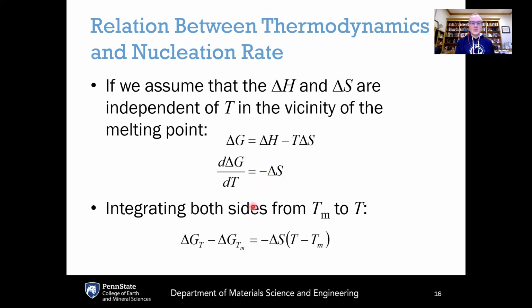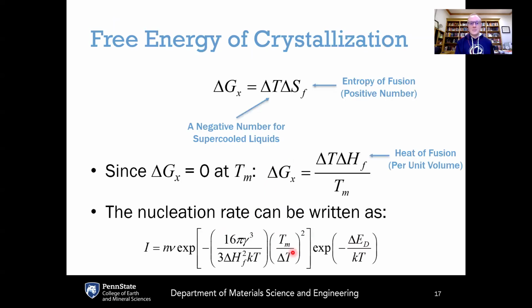And then integrating both sides from, let's say, our reference point of the melting temperature Tm to some new temperature T, that would give us the difference of the Gibbs free energy between that new temperature T and the melting temperature Tm. And that would be integrating the right-hand side of this equation. This can be approximated by minus the delta S times simply the temperature difference, T minus Tm.